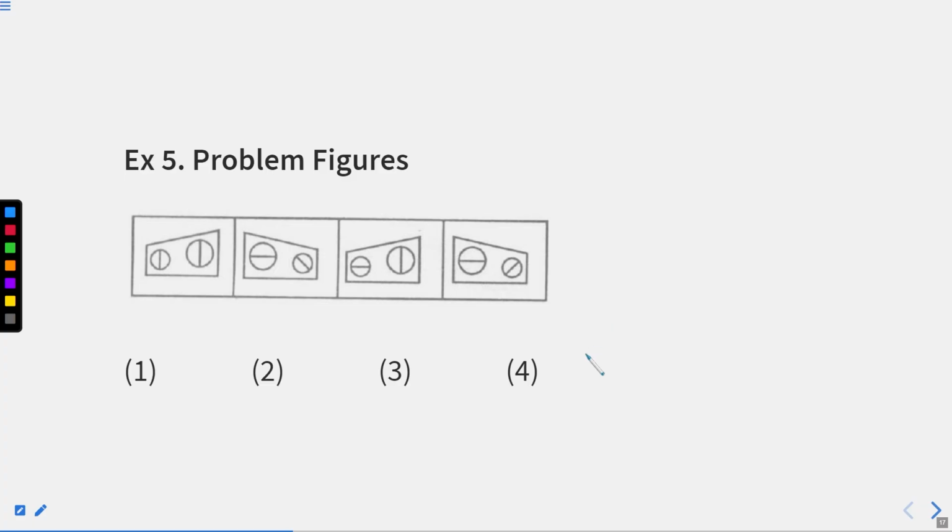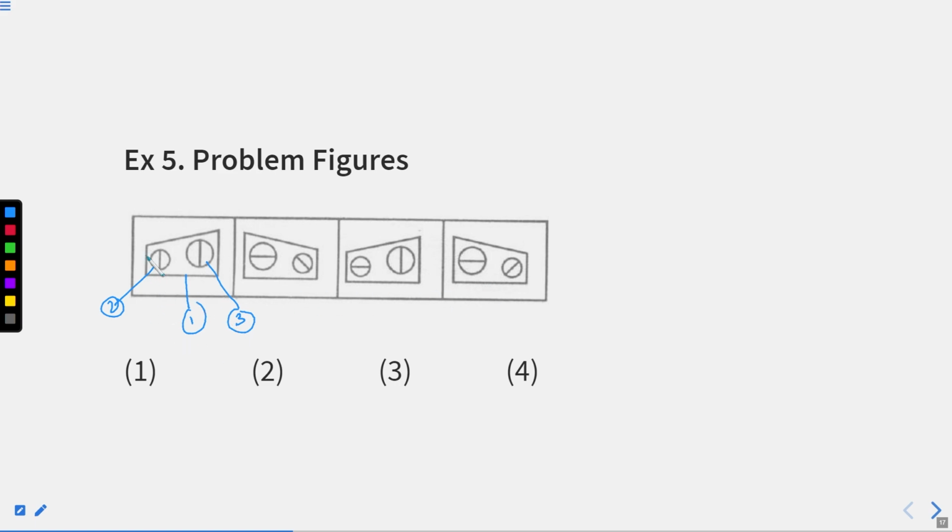So I hope till now you are very well aware of the approach that we are going to follow for all these questions. Now, first of all, mark the figures. This is figure number 1, this is figure number 2, and this is figure number 3. Now we need to check their behavior at every point.